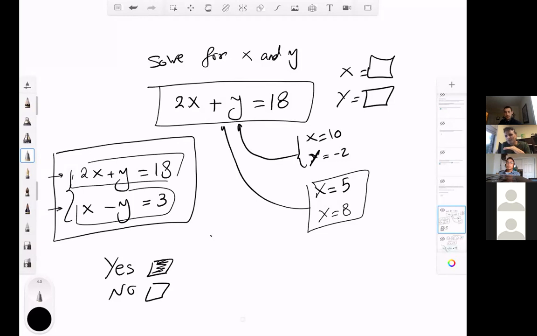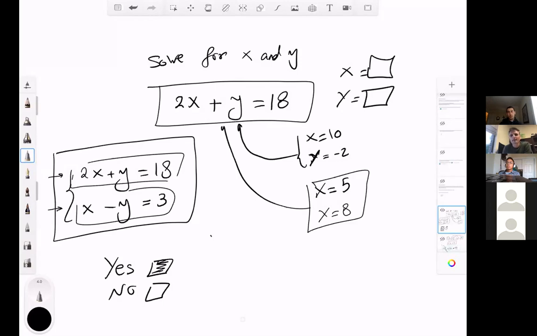I'm assuming that you guys learned it in algebra. I don't want to go into the details, but what you need to know for statistics is that you should be able to use elimination for this. So there are three different methods: graphing, substitution, and elimination to solve for x and y.